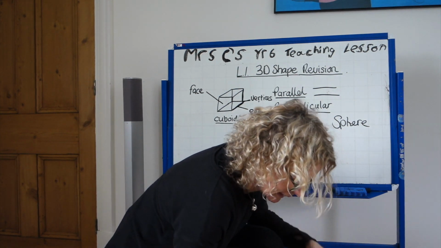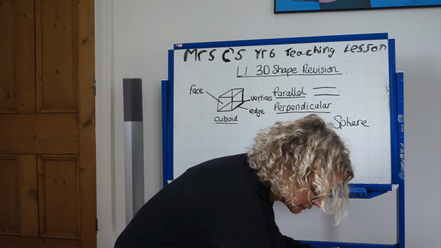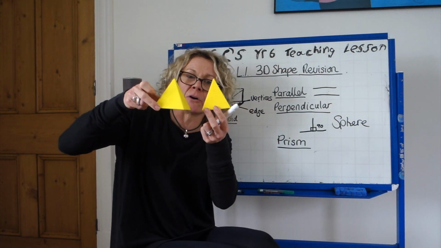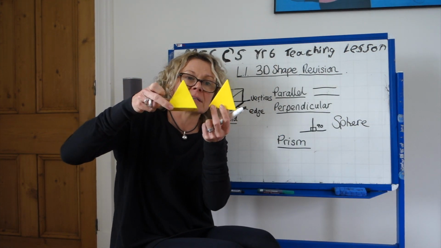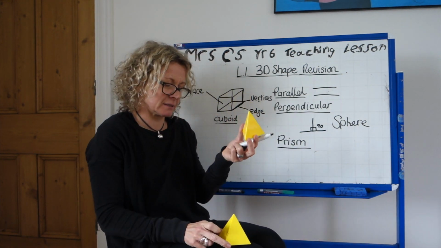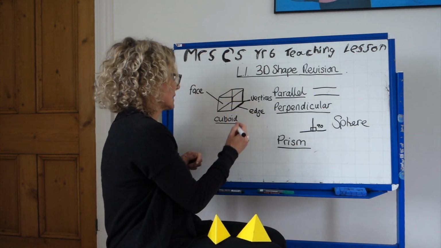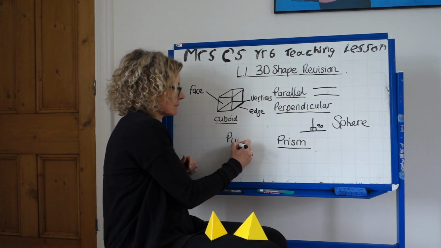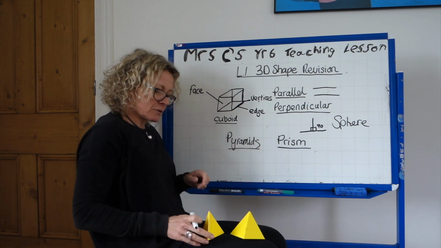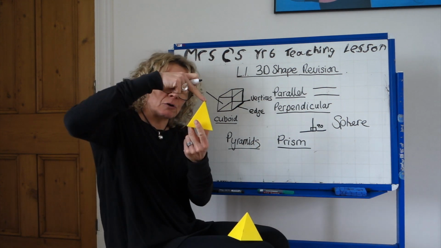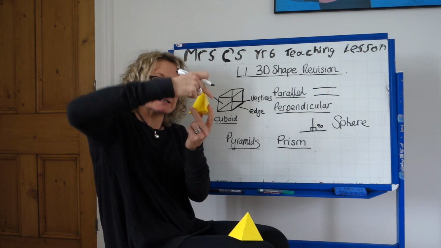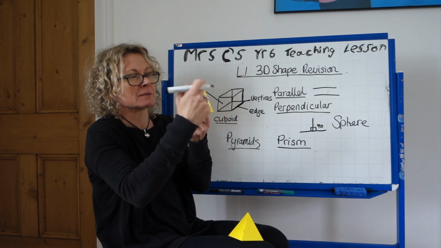And the last family that we need to go through are these. See them in Egypt? They are pyramids. So they form a vertices at the top here where all these edges meet.